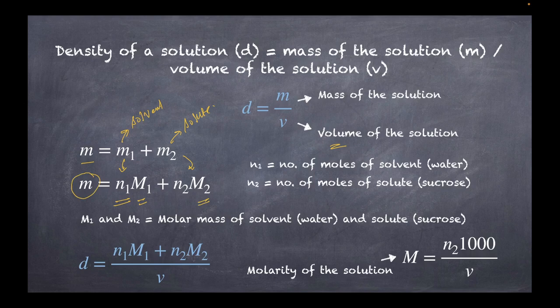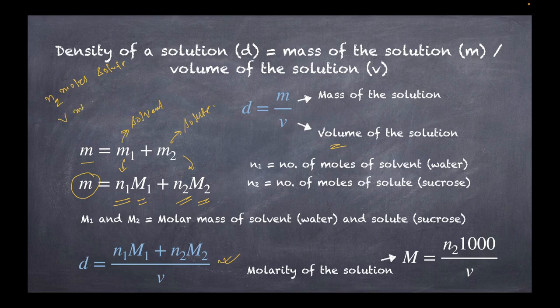Now we can redefine the density D equal to n1 M1 plus n2 M2 divided by the total volume of our solution. Let's say in our solution n2 moles of solute are present in V ml of solution, so the total volume of our solution is V ml.